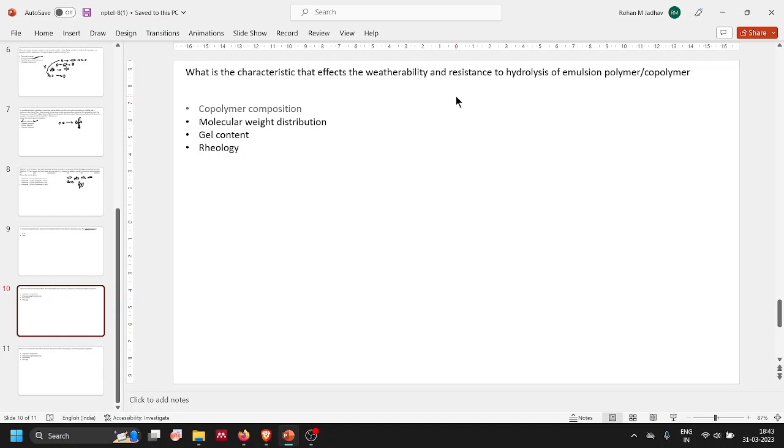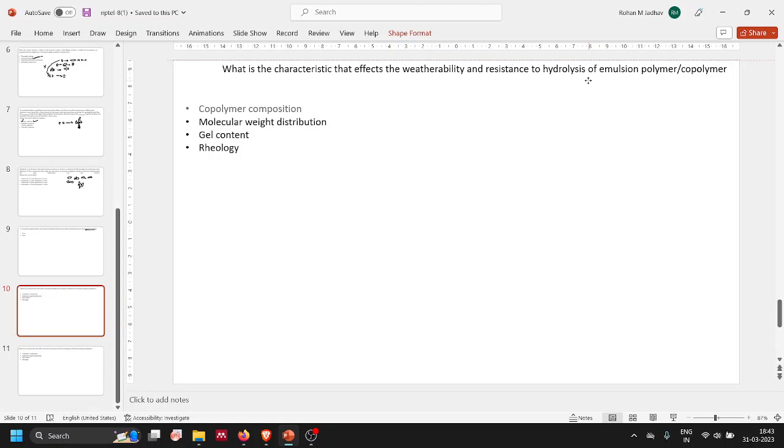Molecular weight distribution has some role to play, but the copolymer composition has a direct effect on the resistance to hydrolysis, and it also affects the glass transition temperature of the polymer. Because of that, it affects the weatherability and the affinity to hydrolysis. It has a greater role in determining the weatherability and resistance to hydrolysis of emulsion polymers. So the correct answer would be the copolymer composition.